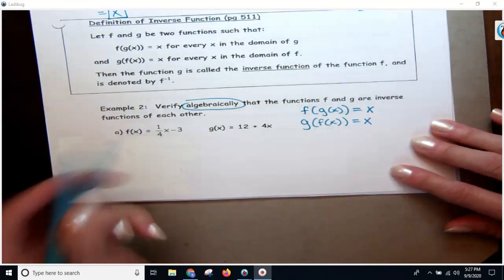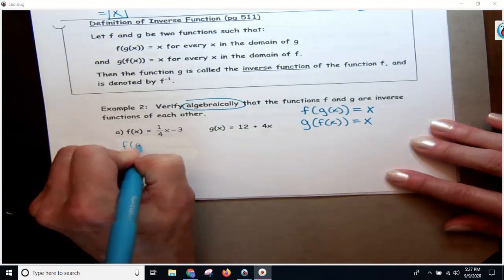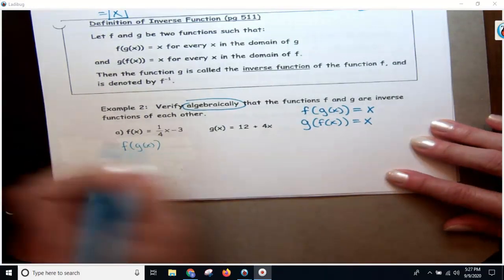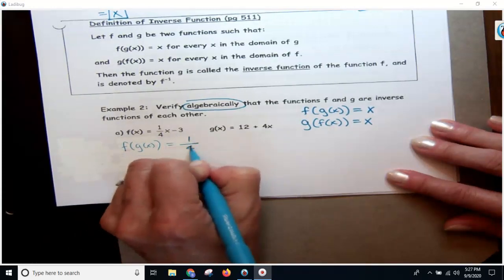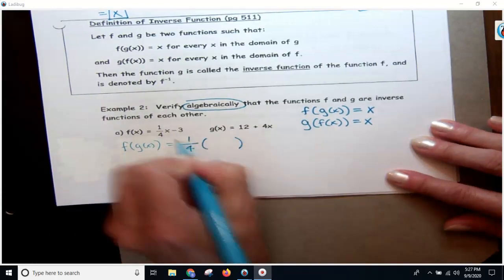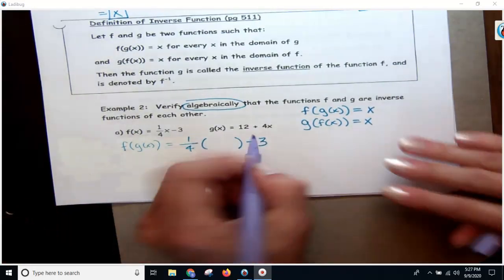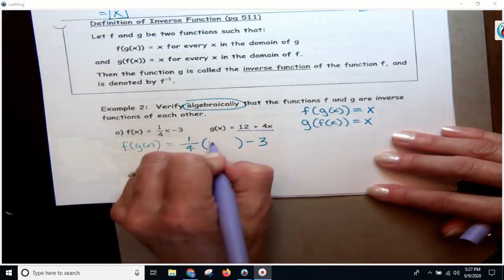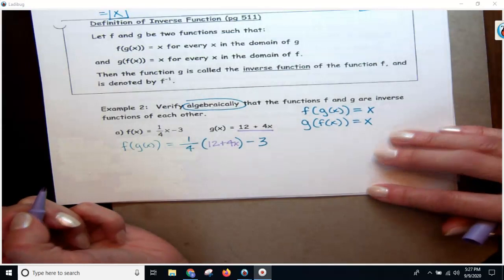So if I want to do f of g of x, I'm going to take this equation, write it out, and leave a blank space where the x is, and I'm going to plug in my g of x, and then I'm going to solve it.